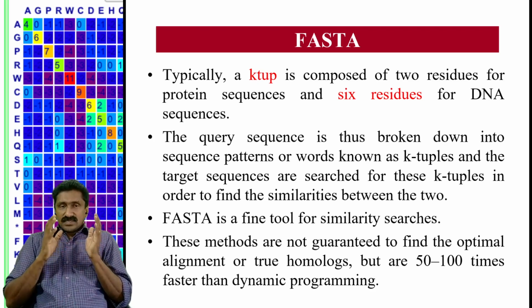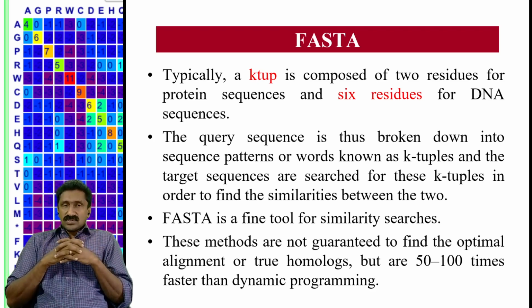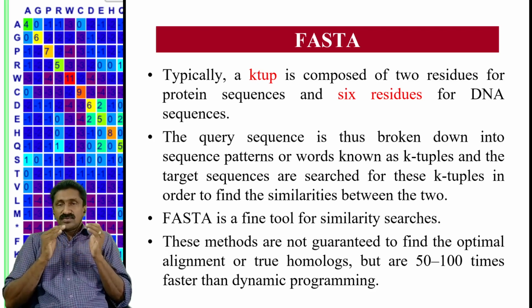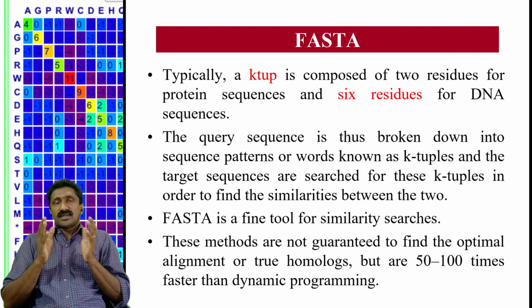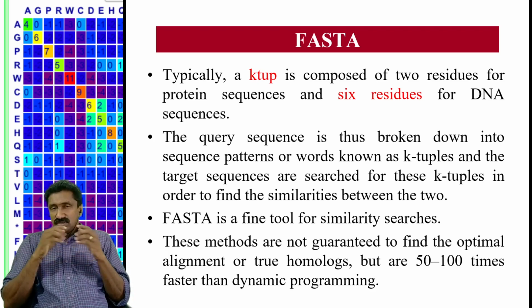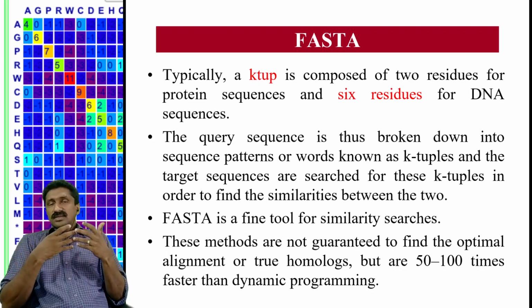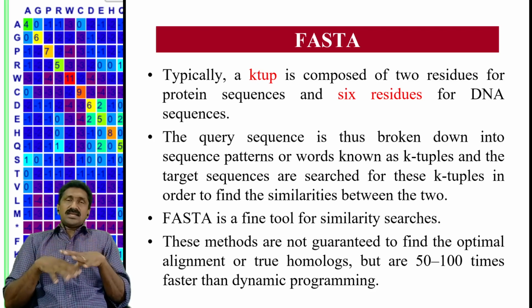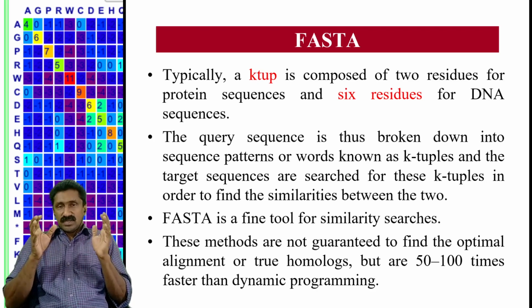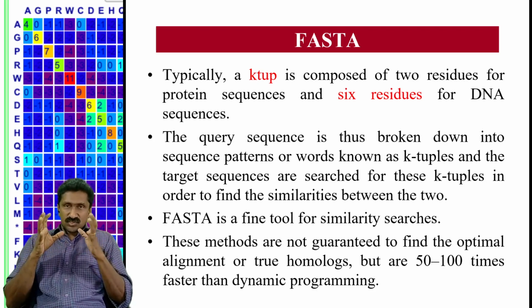FASTA is a fine tool for similarity search. These methods are not guaranteed to find the optimal alignment or true homologs, but are 50 to 100 times faster than dynamic programming. In dynamic programming, every possibility is compared, so performing dynamic programming will certainly find the optimal alignment because all the possibilities are checked.